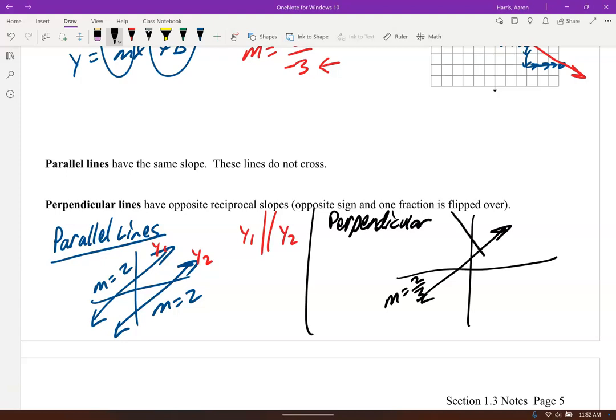Then to be perpendicular, so they make a right angle, this line would have a slope, it flips it over, so instead of 2/3, 3/2, and it changes the sign, because their product has to be negative 1. So opposite reciprocals, flip the sign, flip the fraction. That's perpendicular. And if I called this one y1, I called this one y2, y1 is perpendicular to y2. That's the symbol for perpendicular.